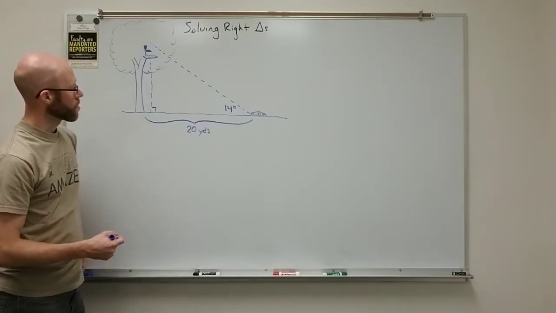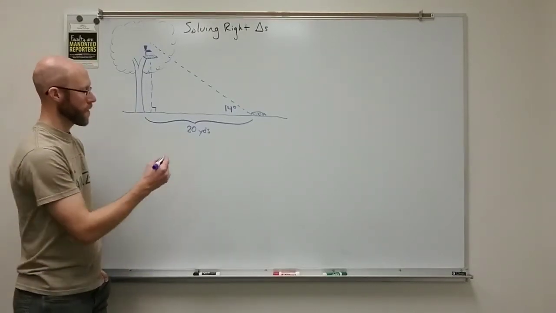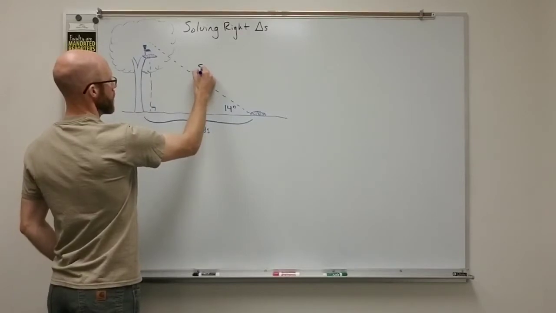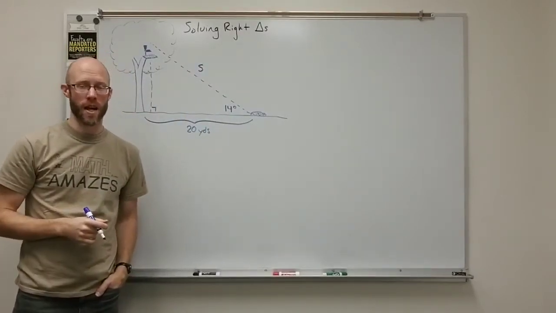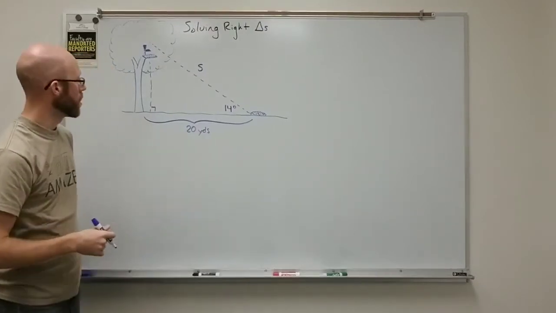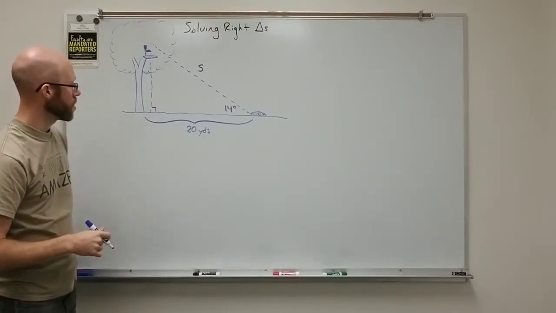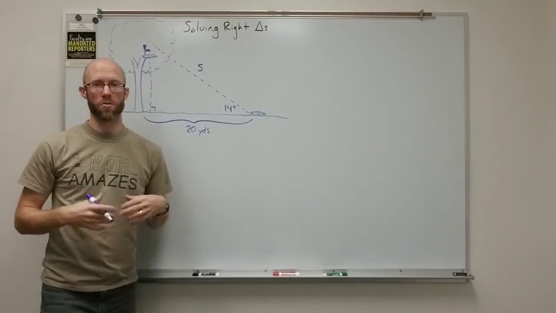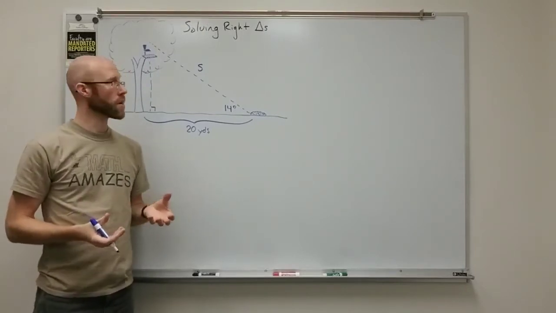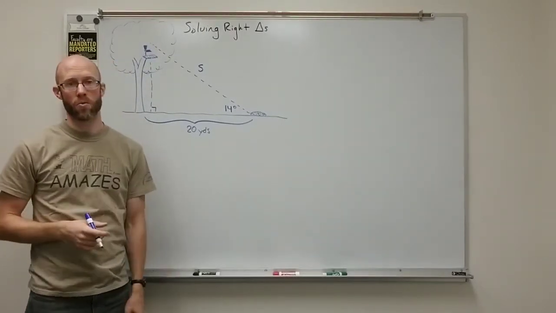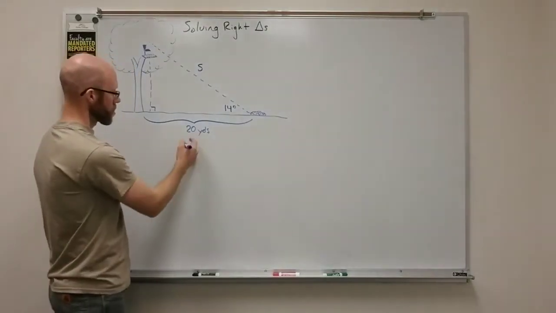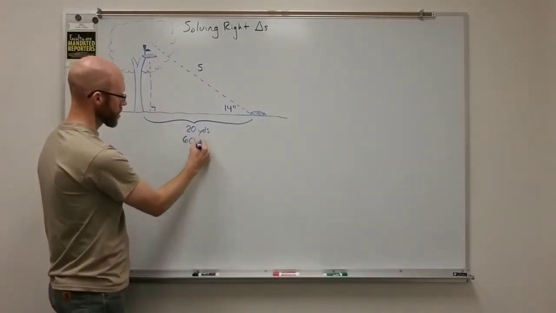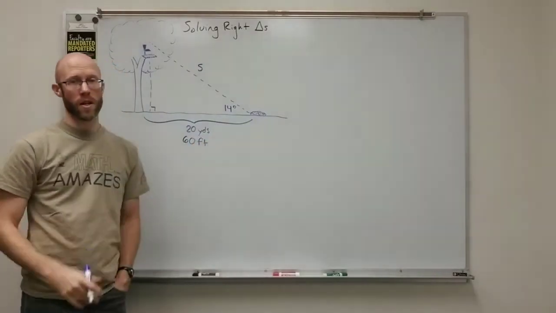And so in this particular case, I'm going to call this side S for shot, I guess. It's the distance of the actual shot. I'm going to convert everything into feet, because I think it will be a little bit more accurate to deal with feet rather than yards in this one. So 20 yards is the same as 60 feet because there are 3 feet in a yard.